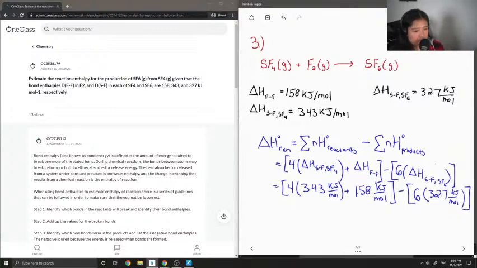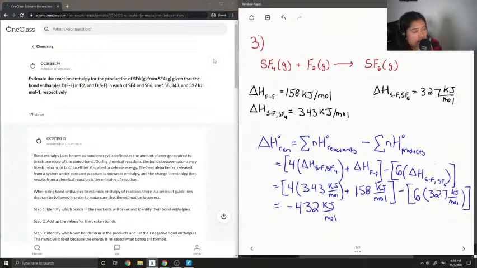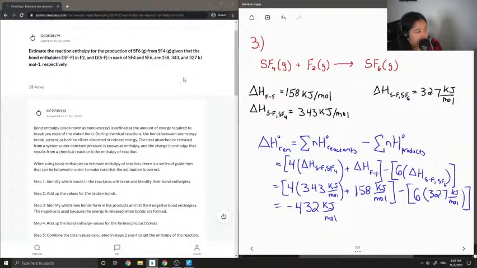And now if we do the math and calculate what this equals out to, we end up getting negative 432 kilojoules per mole. So this is the reaction enthalpy for the production of sulfur hexafluoride.